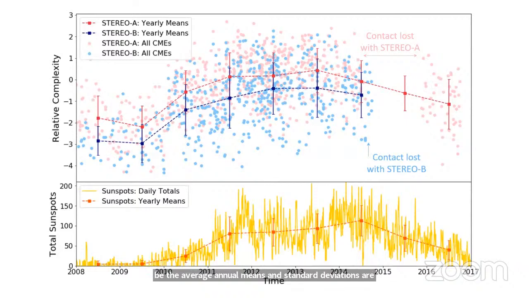The bottom panel shows the daily sunspot number and the yearly mean sunspot number. As you can see, visual complexity clearly varies over the solar cycle. This also shows that the average complexity of STEREO A CMEs is significantly higher than the average of STEREO B CMEs.